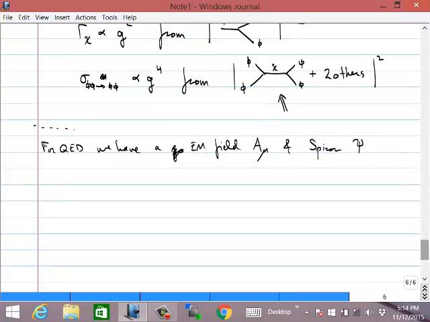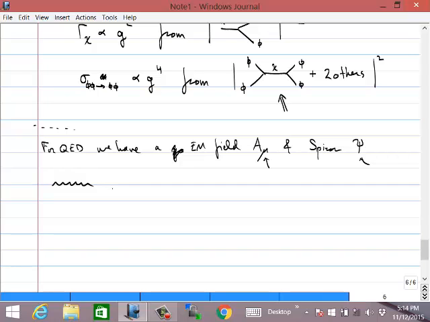The scattering amplitudes are computed using the exact same Feynman rules that we developed earlier, except that now we need to keep track of the fact that the electromagnetic field has an index mu, indicating that it's a 4-vector, and the spinor also has an index, one that we don't usually like to write down, representing the fact that it's a collective field of 4 separate functions of space-time.